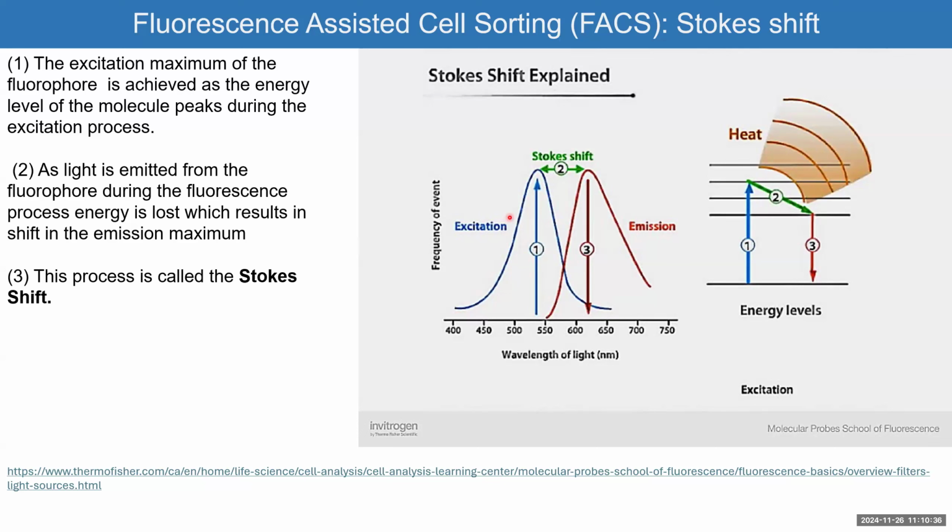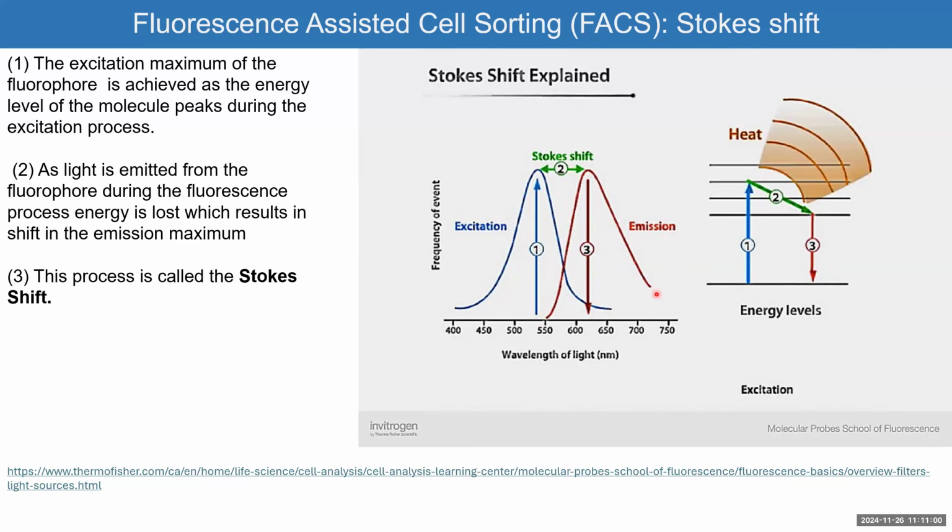First, the excitation spectrum, meaning at which wavelength you can excite that fluorophore to the maximum. And then if you excite that fluorophore, it will emit light, but not on the same wavelength. It's going to emit light on a different wavelength.